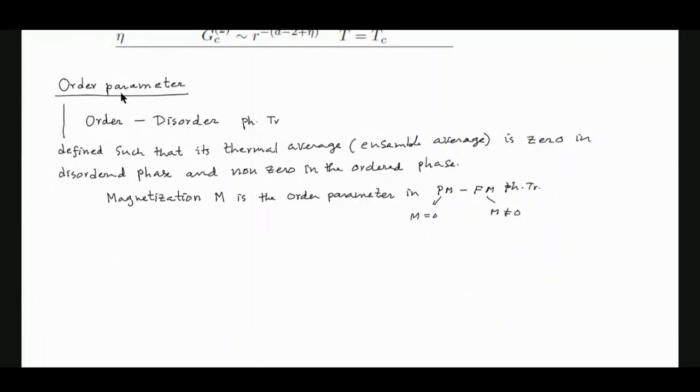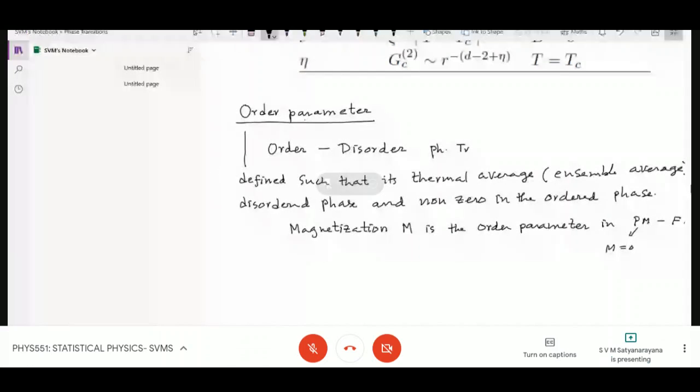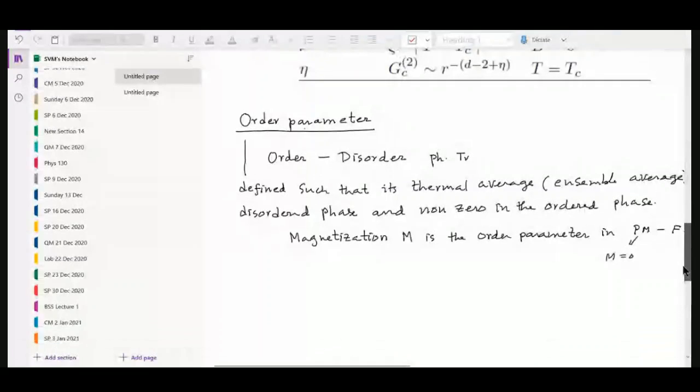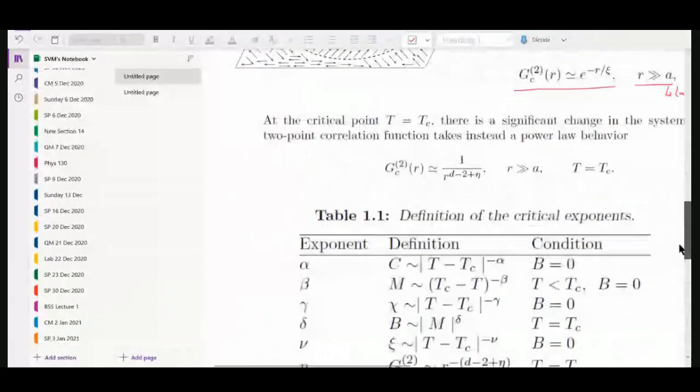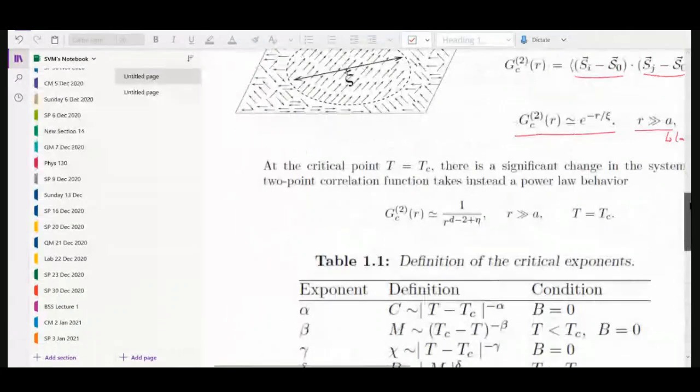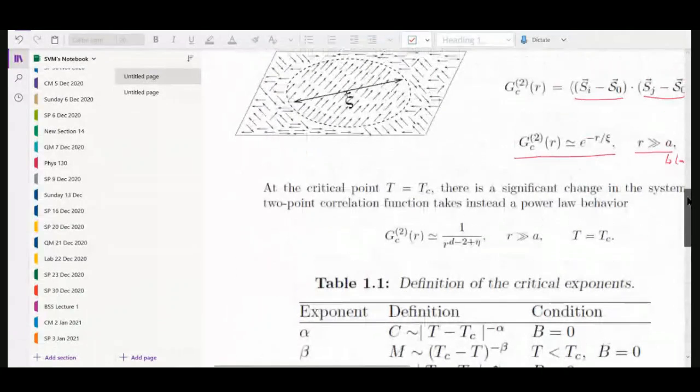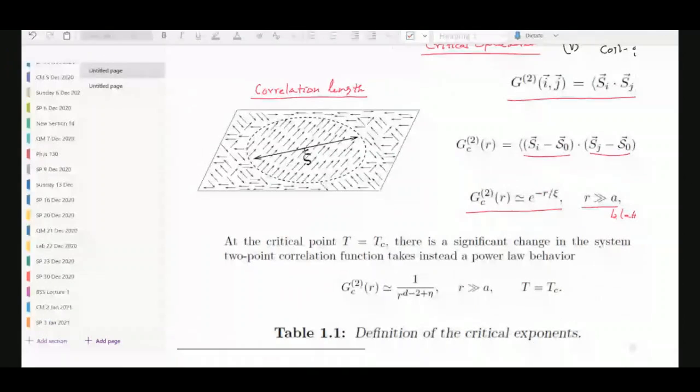Now this correlation function, as we defined here, is going to tell us the fluctuations in the order parameter. As you can see, our S0 is the order parameter here, because this is like magnetization.